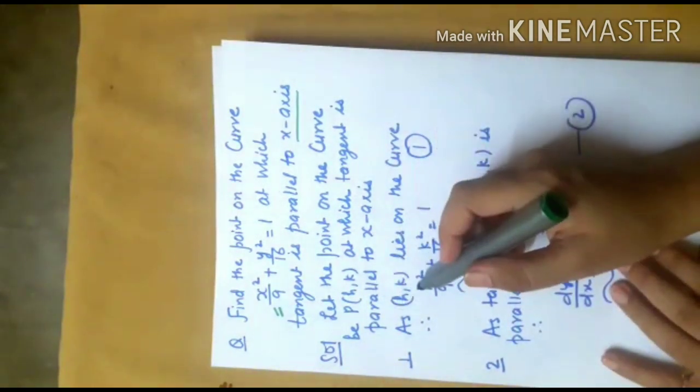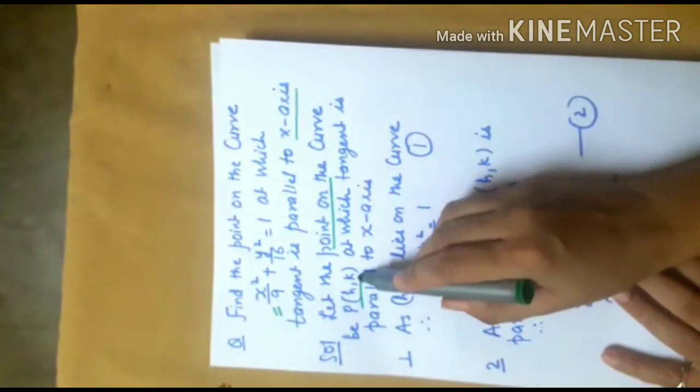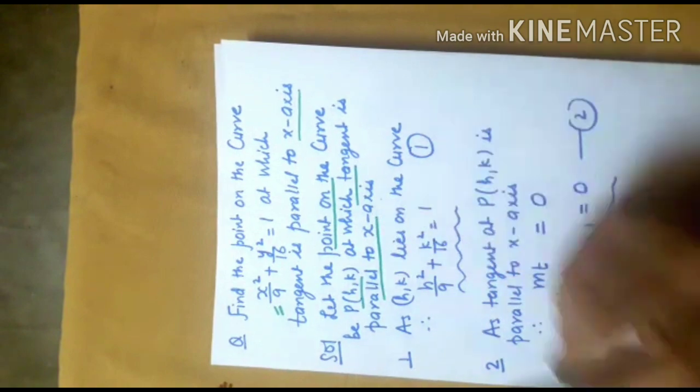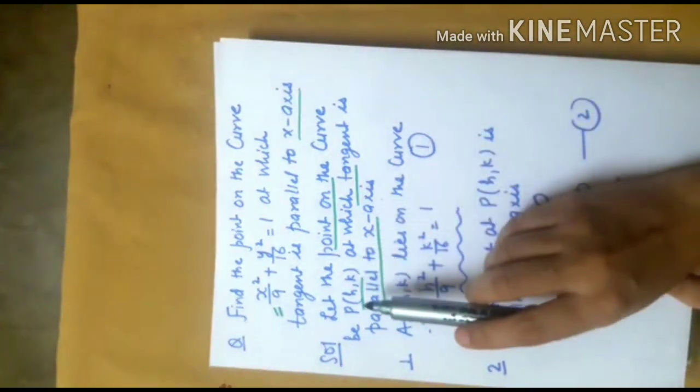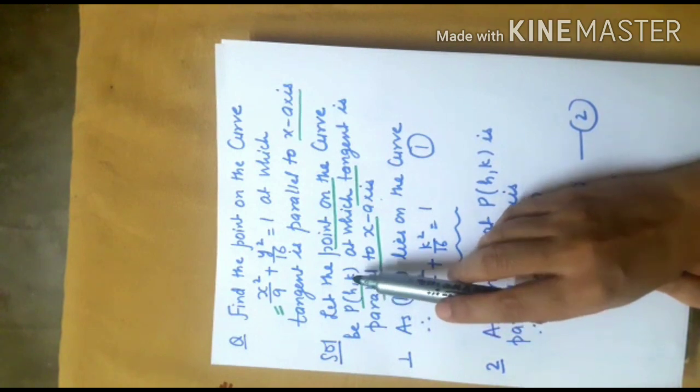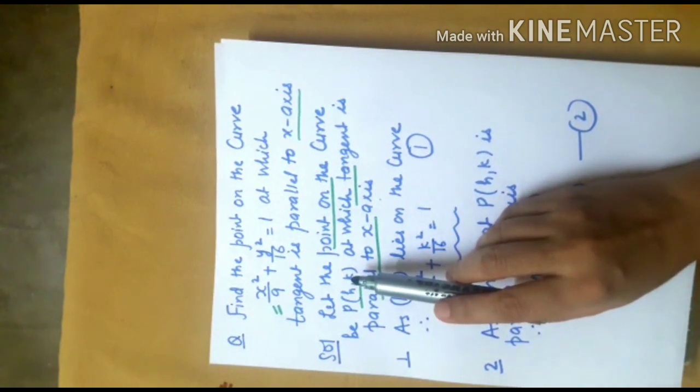So I need to find out the coordinates of the point. So let the point on the curve be P(h, k) at which tangent is parallel to x-axis. Now look here, I need to find out the value of h and the value of k. So I need to find out two unknowns. So that means I need two equations, and two equations means I need two conditions.